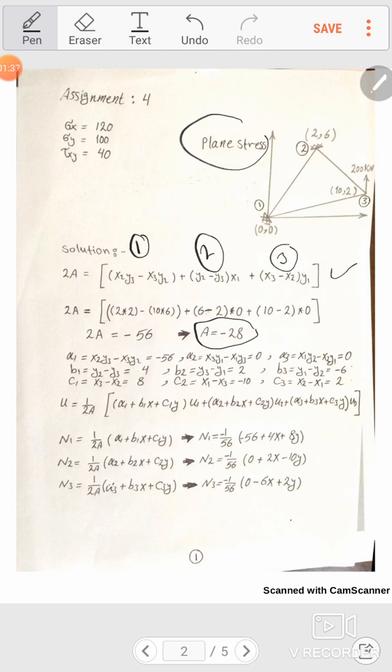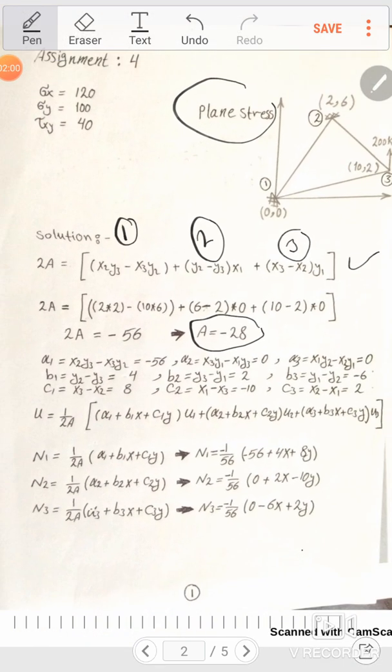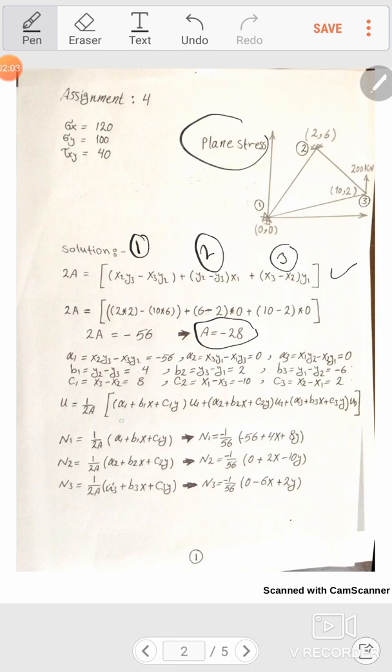After that, you should find the criteria for shape functions. Actually, in the beginning you should find the equations of N. So here actually you can depend on the values of x and y for each point or node. So in node number 1 we have a1, b1 and c1.